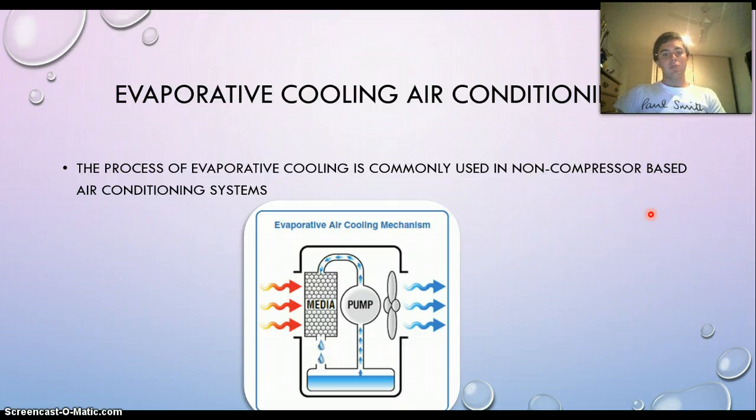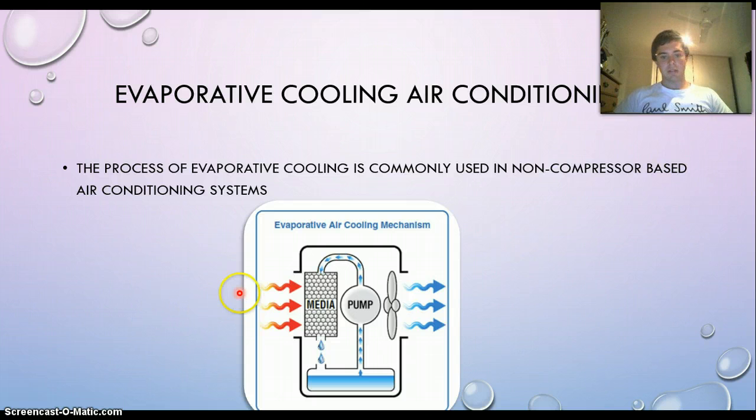One of the most common functions of an evaporative cooling system is the evaporative cooling air conditioner, which is a non-compressor based air conditioner system. Here's an example of the system. As you can see, it works much like the activity when the hot air blows across the water.